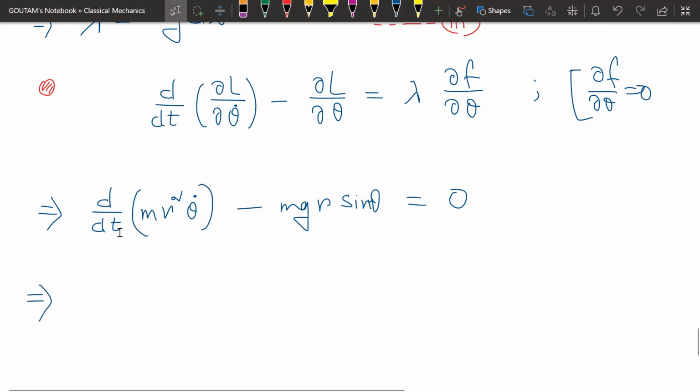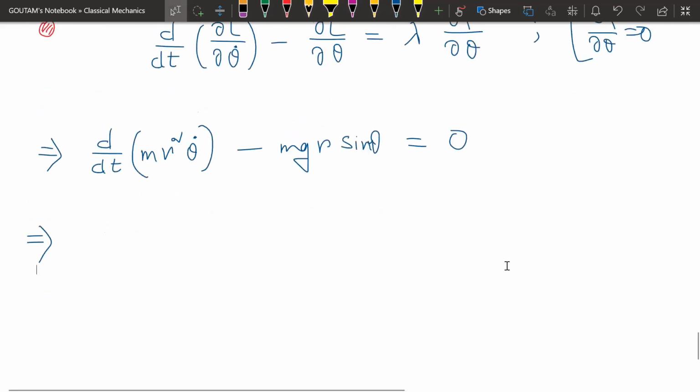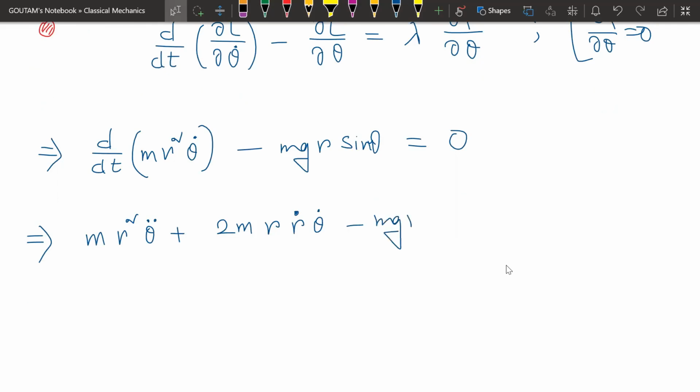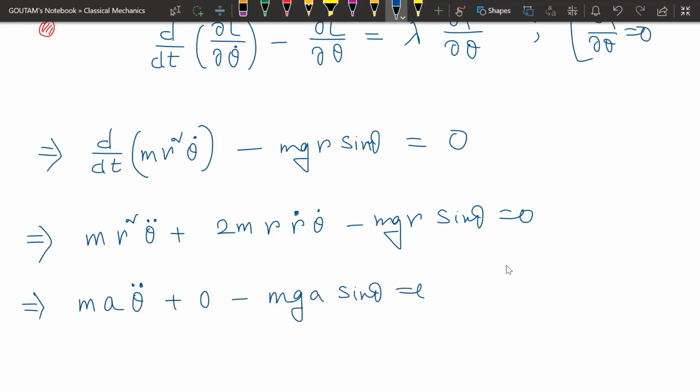Now if we take the derivative with respect to time in the first term, we will get m r square theta double dot plus twice m r r dot theta dot minus mgr sine theta equals to 0. Now if we use equation 2 again, the constraint equation, with r equal to a, we will get m a square theta double dot plus 0 minus mga sine theta equals to 0.